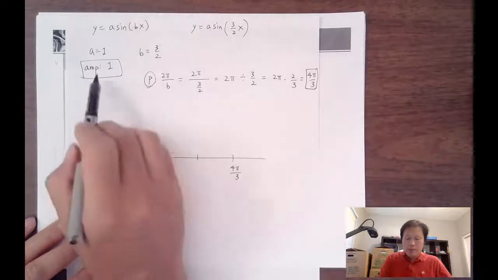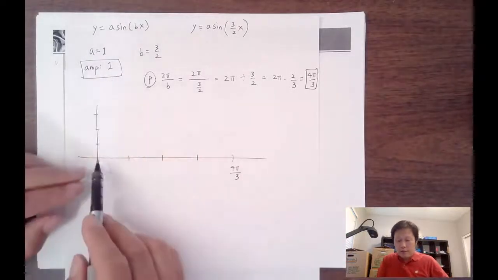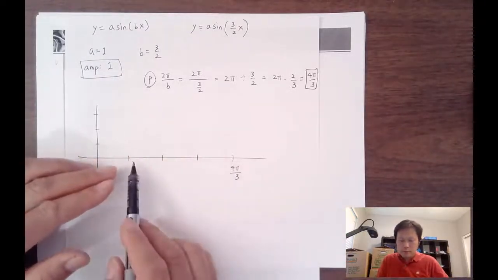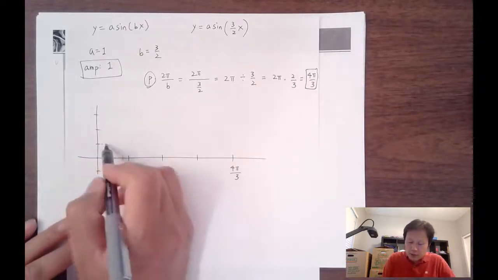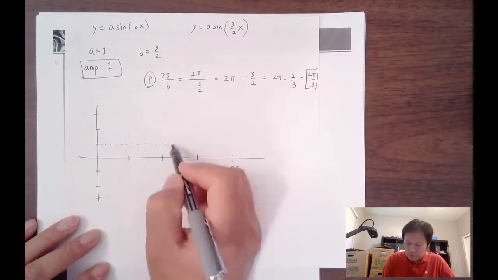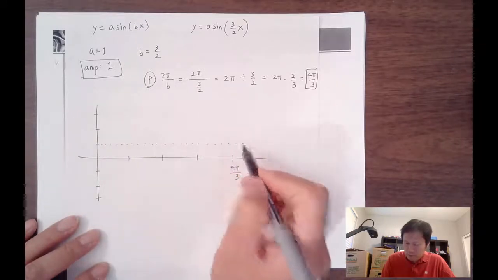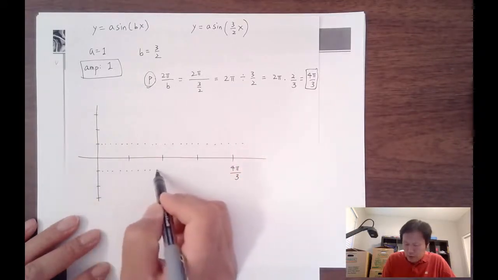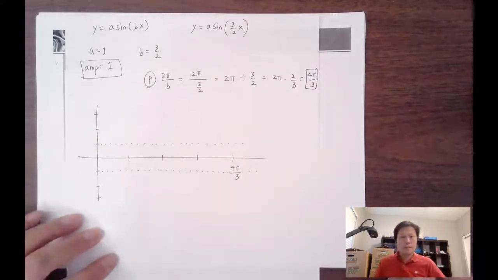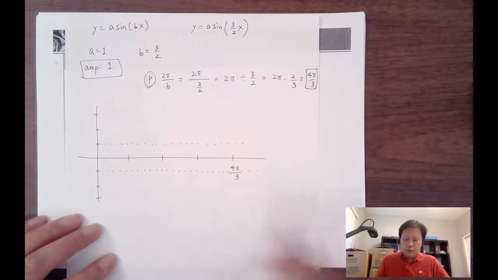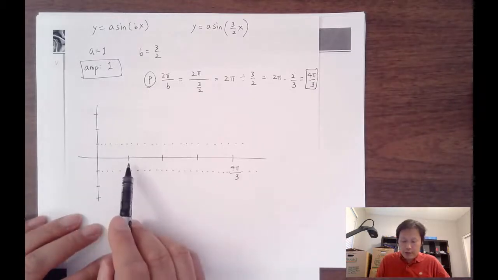Amplitude is 1, meaning from the middle line, maximum you go up by 1, minimum you go down by 1. You do need to write down how wide one tick mark is.